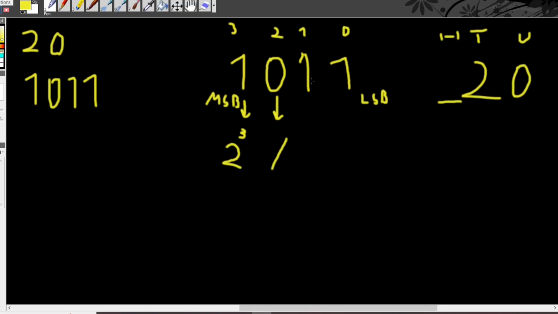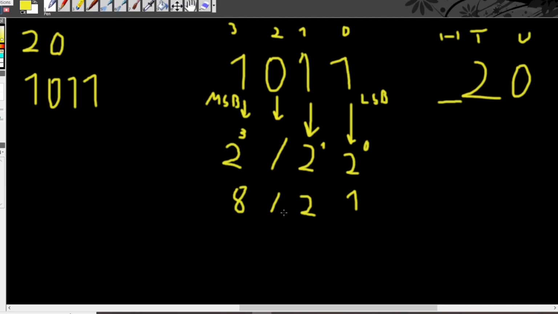We don't write anything here. We're converting from binary to denary right now, by the way. Then here we come down and it's 2 to the power of 1. And here it's 2 to the power of 0. Now we know any number to the power of 0 is 1, and 2 to the power of 1 is 2. We ignore this, and then 2 to the power of 3 is 8. This would be 4. If this was a 1, we would take it and it would be a 4.